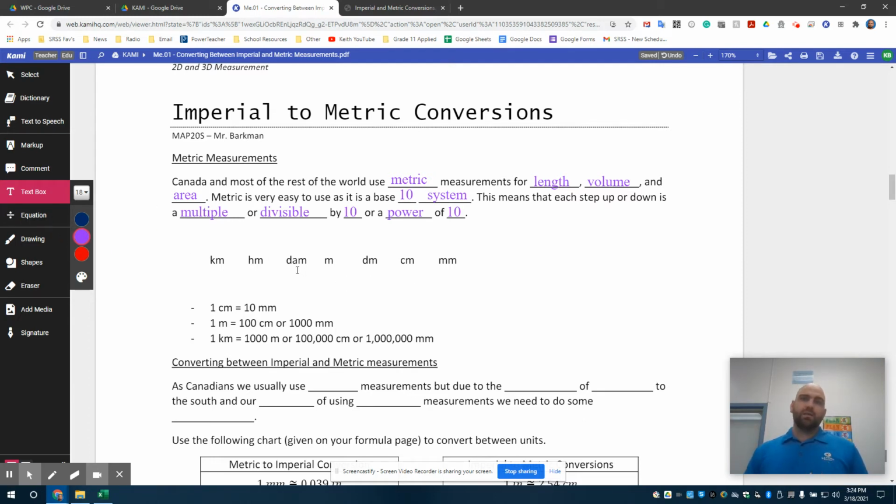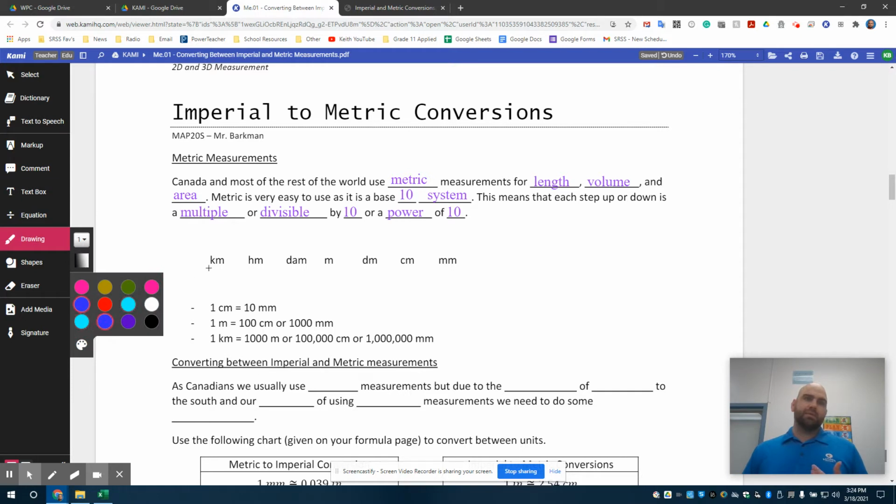Just like we did with measurements in imperial, with metric we can do the same thing. We can go from kilometer to hectometer to decameter to meter to decimeter, centimeter to millimeter. That's the path that we do, and every single time it's going to be times 10, times 10, times 10, and so on and so forth.